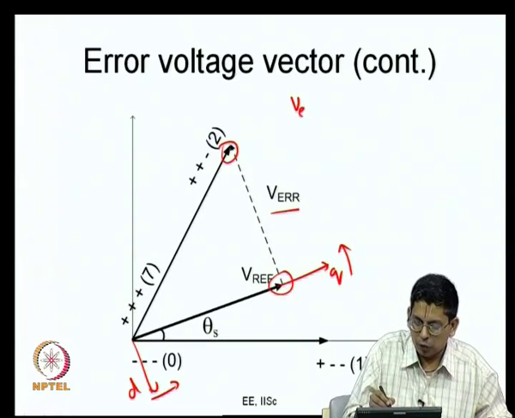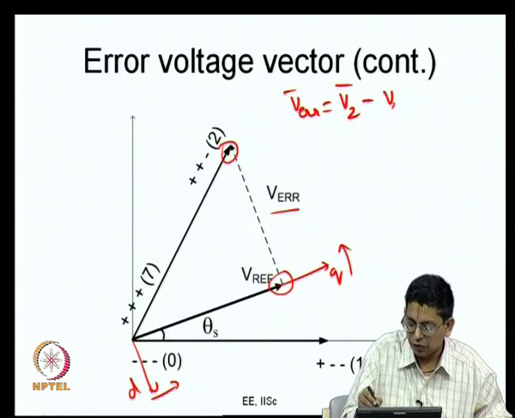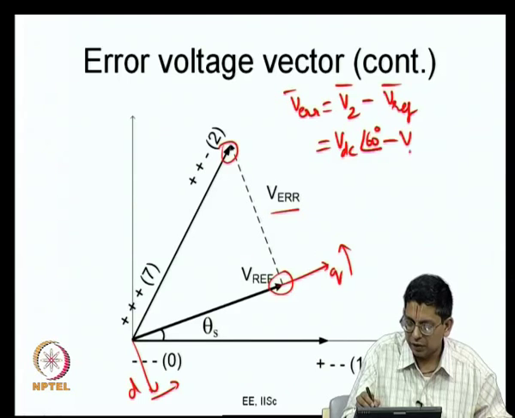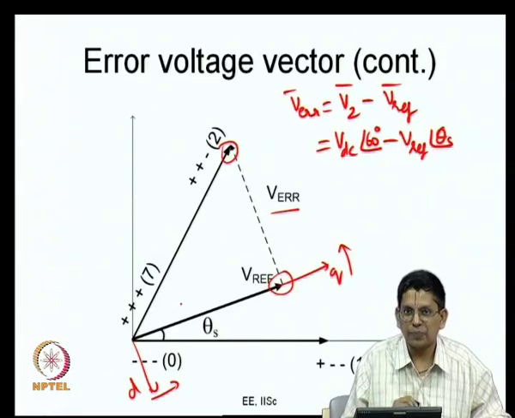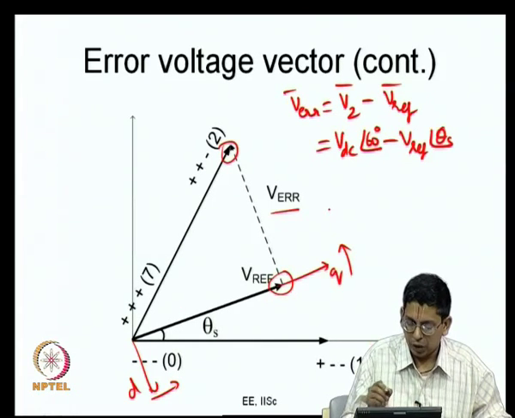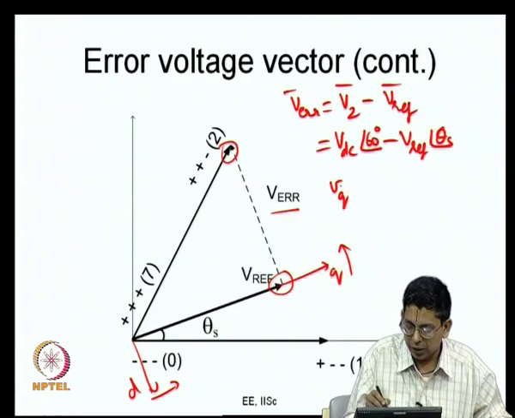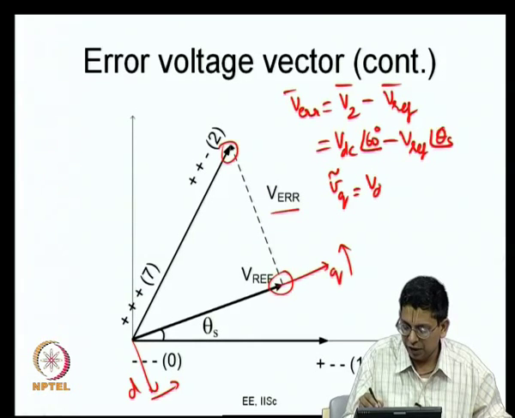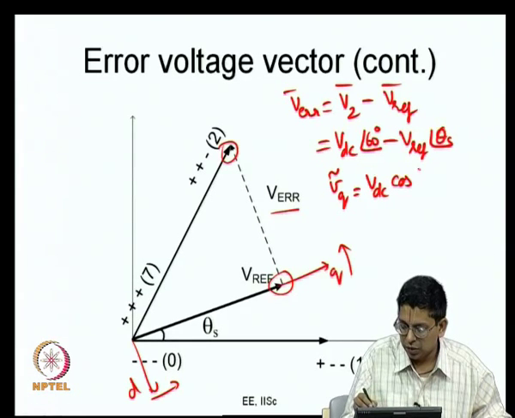As I said before, V error vector equals V2 vector minus V reference vector, which I can write as VDC angle 60 degree minus V reference angle theta s. I am taking the alpha axis as the reference when I am writing those equations here. Alright, let me go further. I can write my VQ tilde and VD tilde as before. VQ tilde is VDC times cos of 60 degree minus theta s minus V reference.